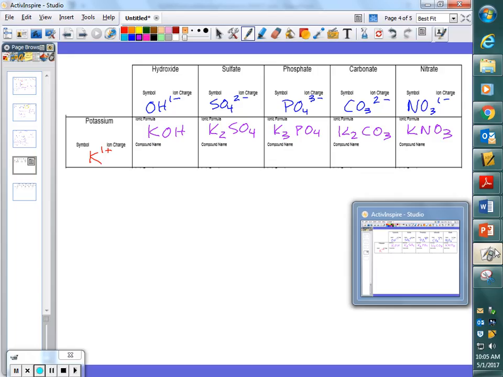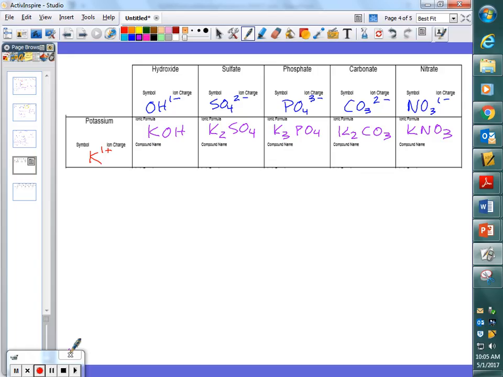So, names. Names are a little bit easier for polyatomic ions than they were even for the ionic compounds, right? All we do is put together the name of the cation with the name of the anion. The name of the anion doesn't change when we're dealing with polyatomic ions. So the cation for every single one of these is what? Potassium, right?